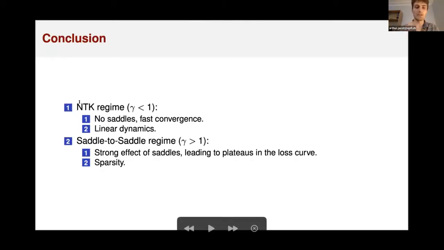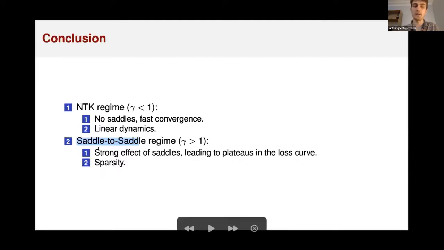First, for large initialization, we have this NTK regime, where you see no effect of saddles, you converge very fast to a close-by global minimum, and the dynamics are asymptotically linear. Then for small initialization, there is a saddle-to-saddle regime, which is the complete opposite. You see a very strong effect of saddles, where you jump from saddle to saddle, and each of them leads to some plateau in the loss curve.